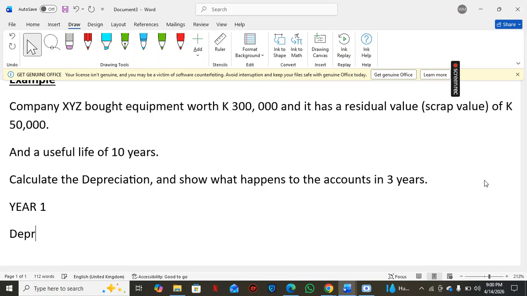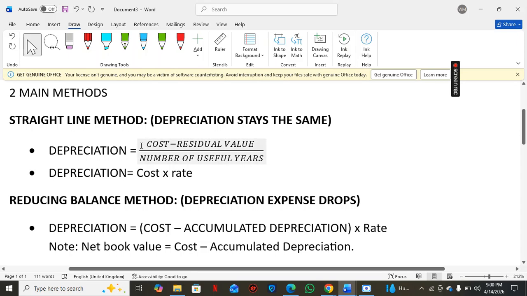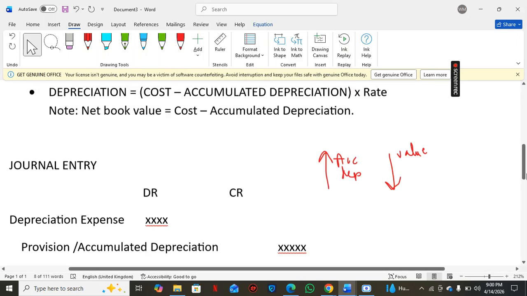So depreciation with the straight line method is cost minus residual value over number of useful years.